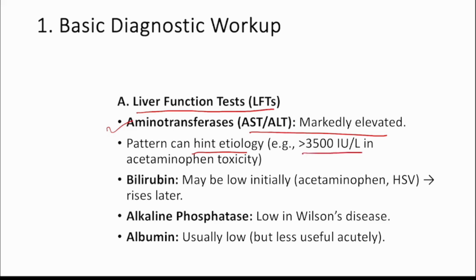More than 3,500 is most often seen in acetaminophen toxicity, unless it is due to viral hepatitis or a shocked liver, etc. Bilirubin may be low initially in acetaminophen toxicity and rises later. Alkaline phosphatase is low in Wilson's disease. Albumin will take some time to fall because the half-life is long. So first we look for evidence of liver injury.